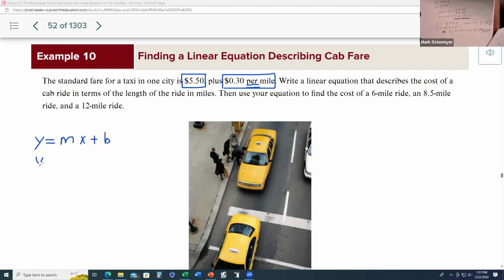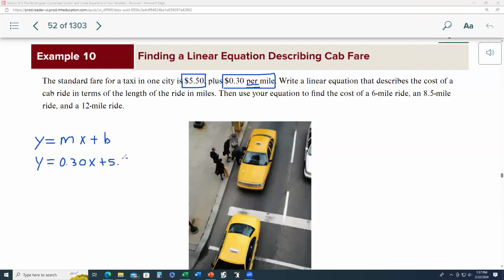So y is going to be equal to, what's my slope? 3/10. Yeah, you could say 3/10, or you can just leave it as 0.30 if you want. It's okay. 30 cents per mile times x miles, correct? Plus, what's the one-time fee you got to lay out for just stepping into the cab? $5.50.